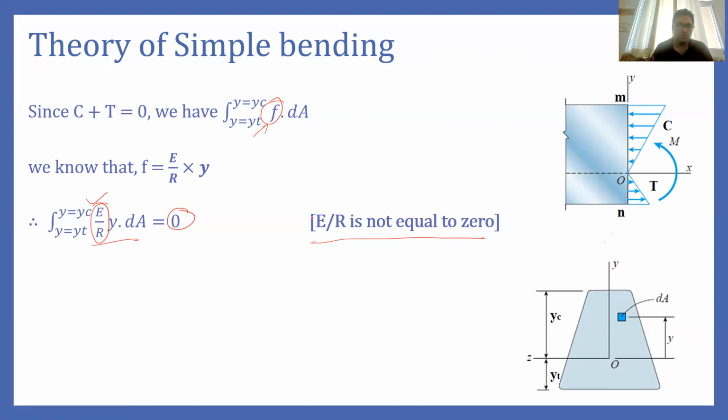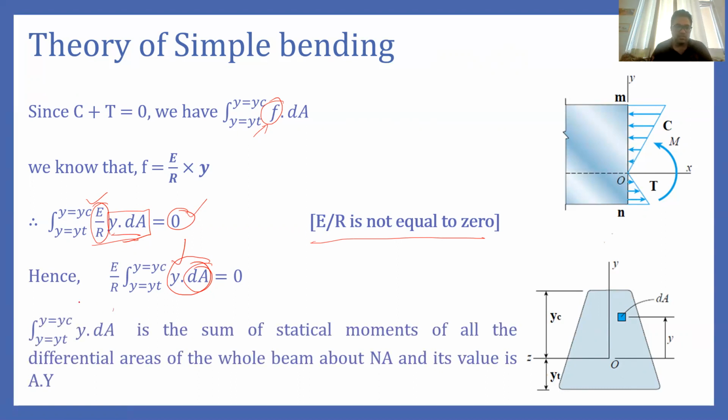Therefore, y into dA should be 0, because ultimately C plus T is equal to 0. So here in the equation, what is the meaning of y into dA? That we have to understand. y is the distance from the neutral axis, and dA is the differential area.